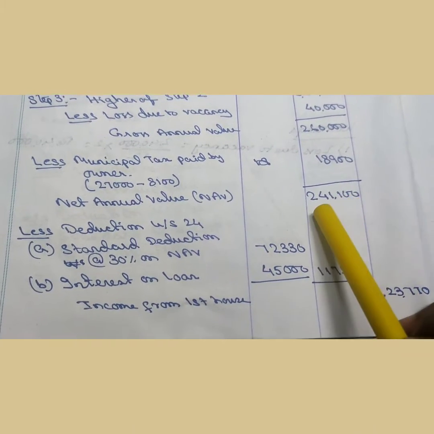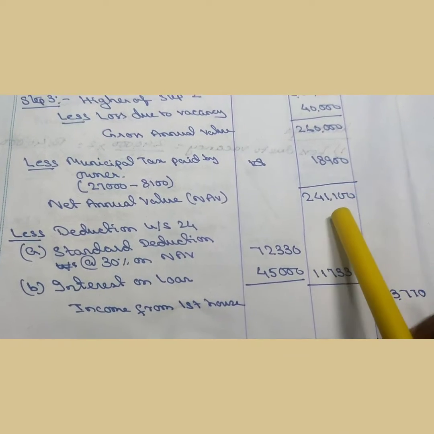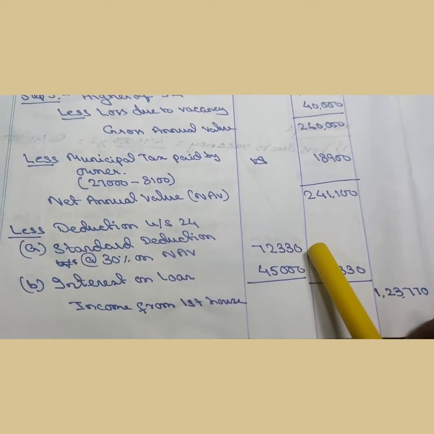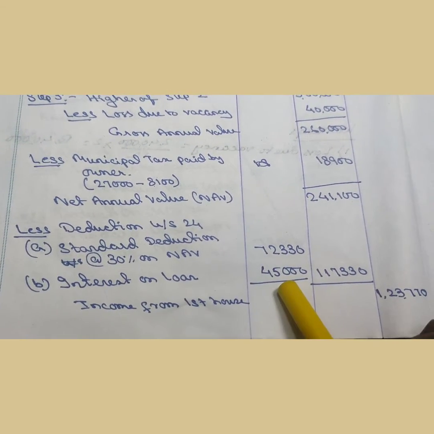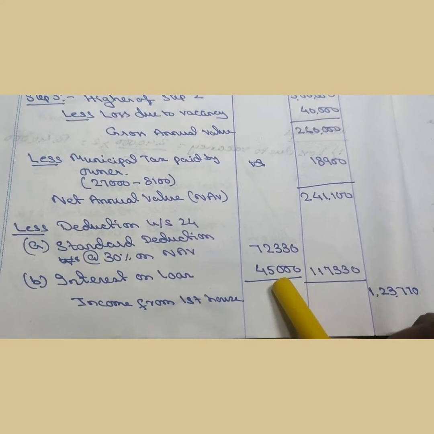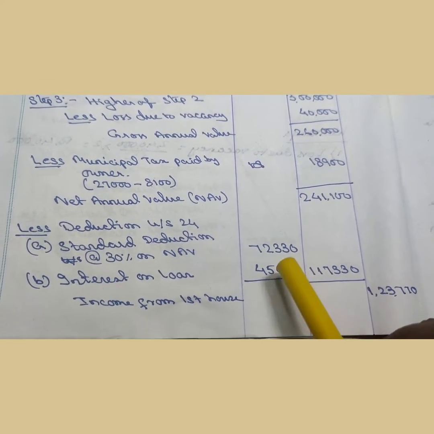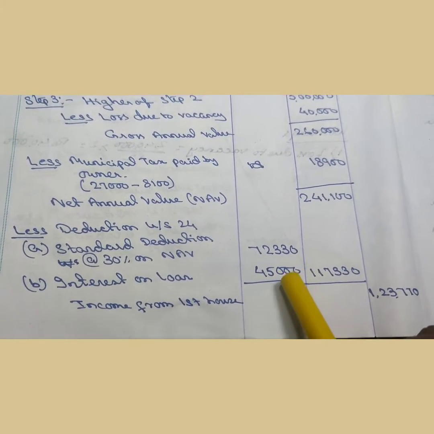Now NAV is 2,41,100 and 30% of this is 72,330. And interest on loan is given in the question, that is rupees 45,000 for construction of the house. It will be available as deduction and there is no maximum limit for let out house.